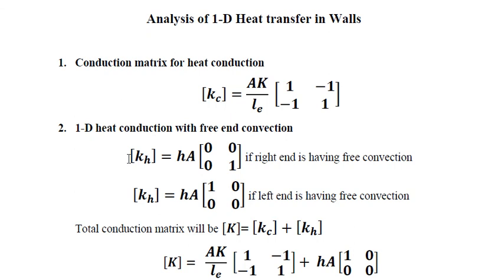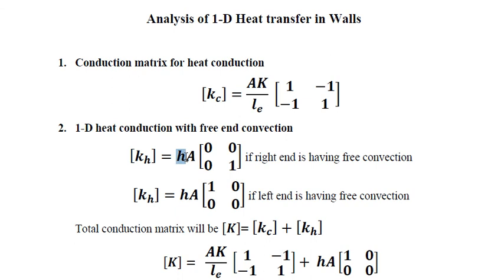If end convection is there, we have to add one convection matrix to this conduction matrix. That convection matrix is given by H into A. That A is the cross sectional area, not the surface area, because at the end there is a cross section.